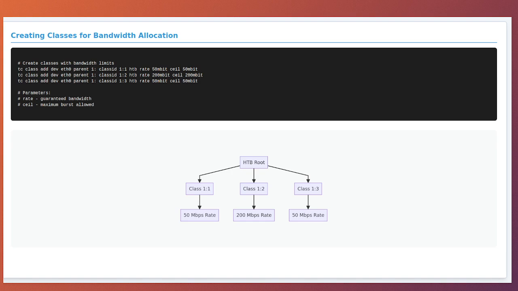For example, tc class add dev eth0 parent 1: classid 1:1 htb rate 100mbit ceil 100mbit. This command creates a class with ID 1:1 that has a rate limit of 100 megabits per second and a ceiling of 100 megabits per second. The rate defines the guaranteed bandwidth, while the ceiling defines the maximum burst allowed.